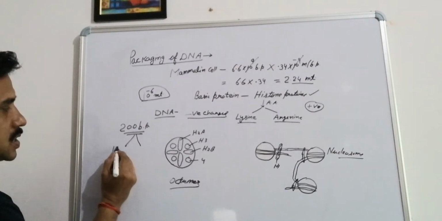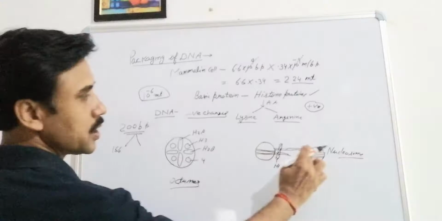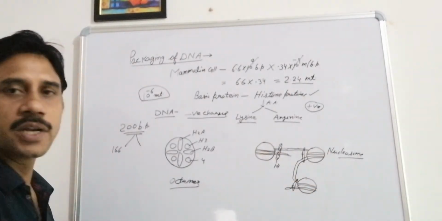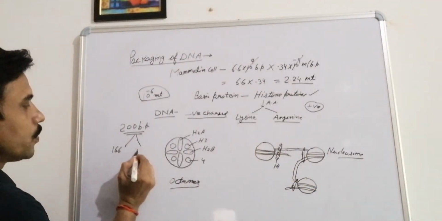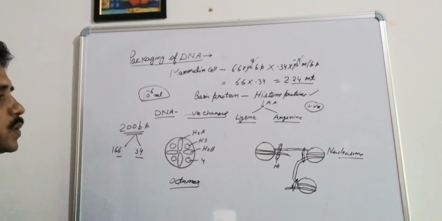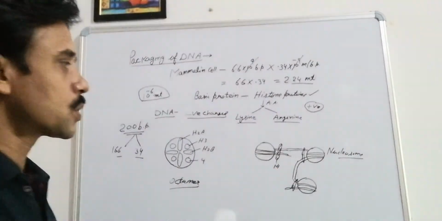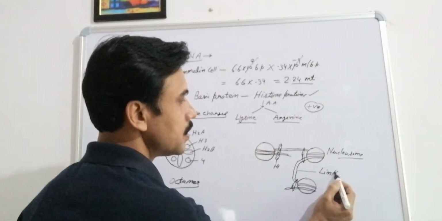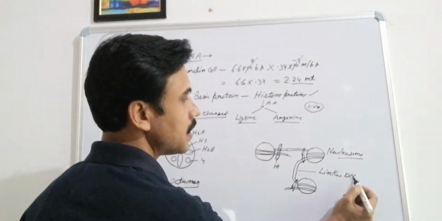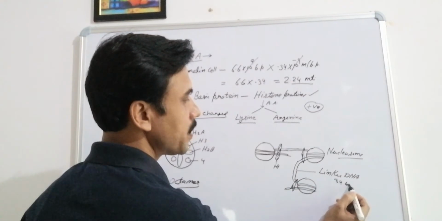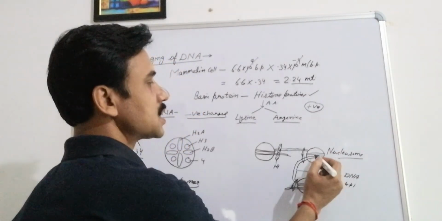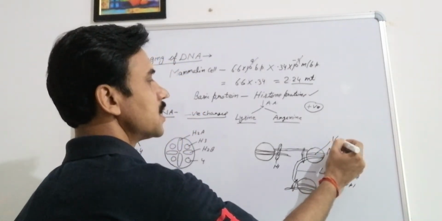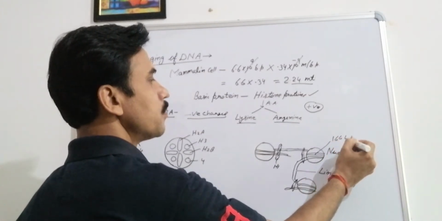That is 166 base pairs are used to wrap this octamer unit, and 34 which are left out of this 200, they will be in the middle. These are called as linker DNA. So linker DNA about 34 base pairs, and remaining 166 base pairs are coming here. It is 166 base pairs.